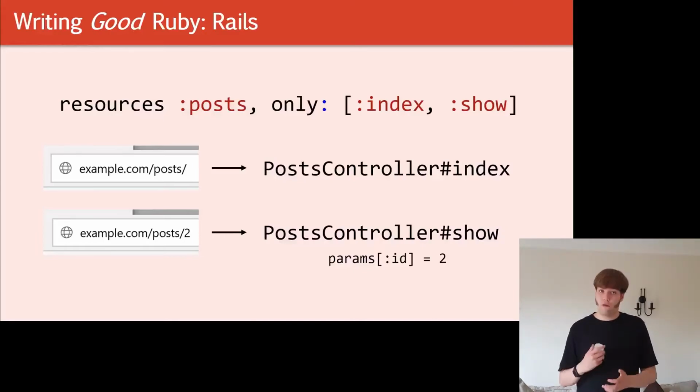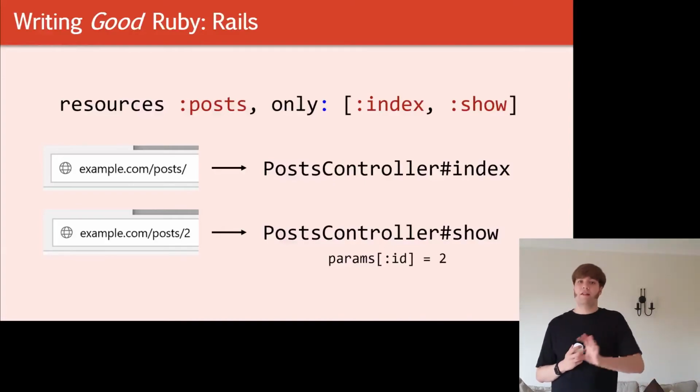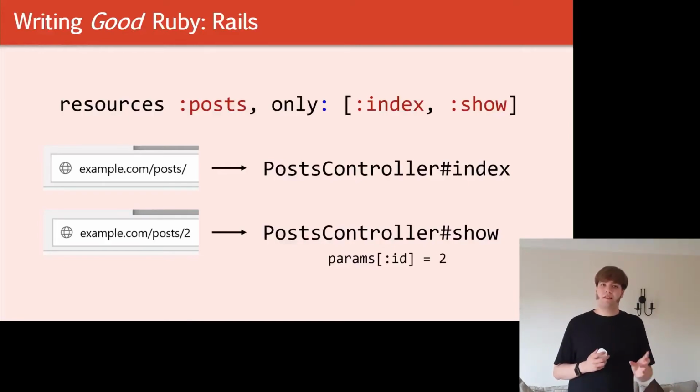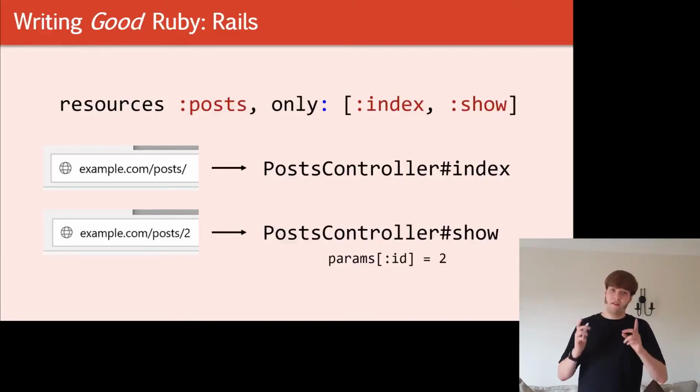A Rails controller handles any logic needed for the routes, and a view is a template to create the page shown to the user. The second route created is /posts followed by any number. The number is placed into the controller's parameters under the key id.